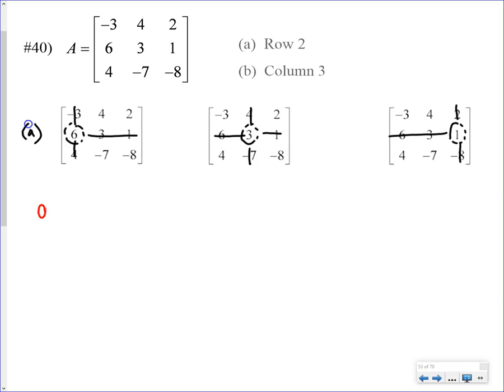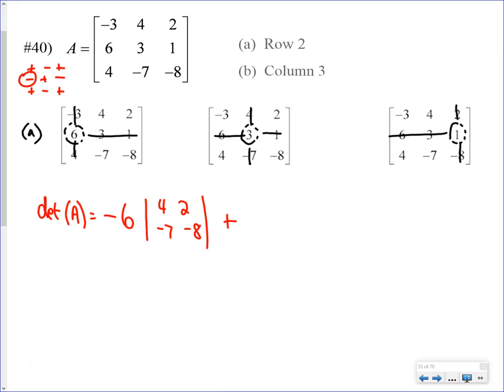The determinant of A is going to equal the term 6 times the placement, negative, times the determinant of... so I have the term, I have the sign for the cofactor, and then I have the 4, 2, negative 7, negative 8. I'll get there in a second, but that's my first piece. Plus, what's my second piece going to be? 3, good, with a positive. If you want, we could group that together.